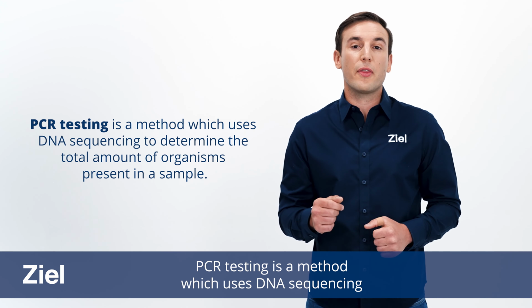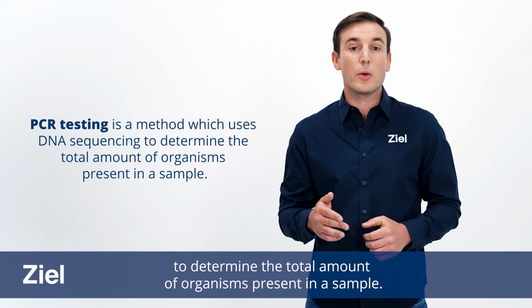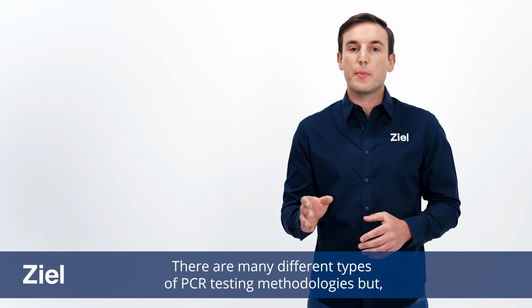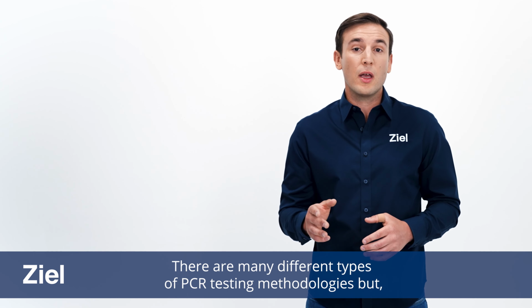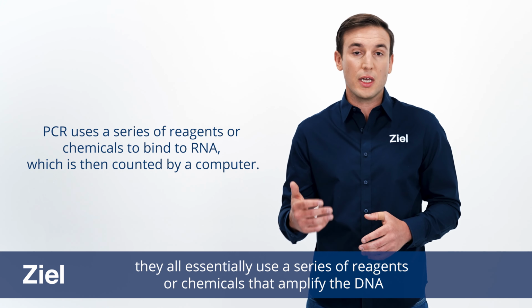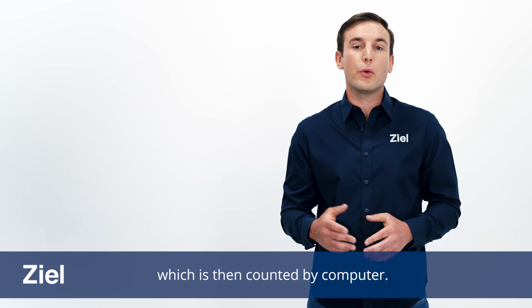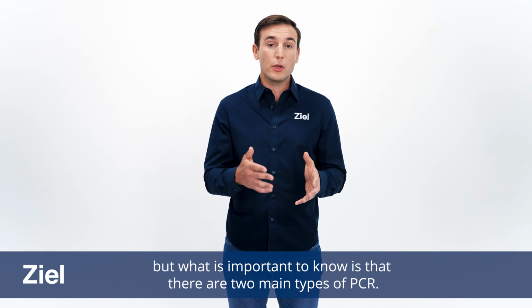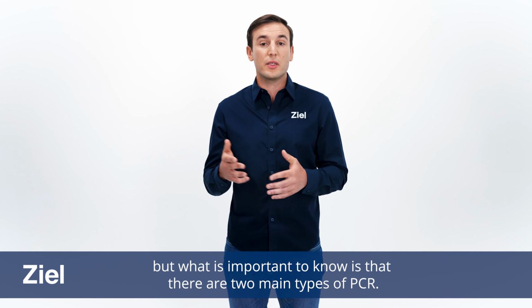PCR testing is a method that uses DNA sequencing to determine the total amounts of organisms present in a sample. There are many different types of PCR testing methodologies, but they all essentially use a series of reagents or chemicals that amplify the DNA, which is then counted by computer. This is a gross oversimplification of the process, but what is important to know is that there are 2 main types of PCR.